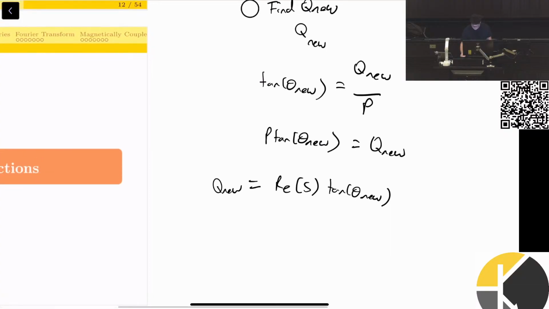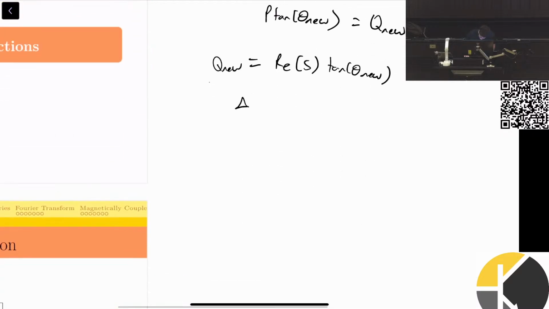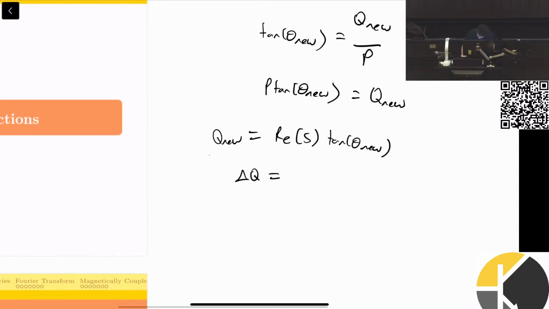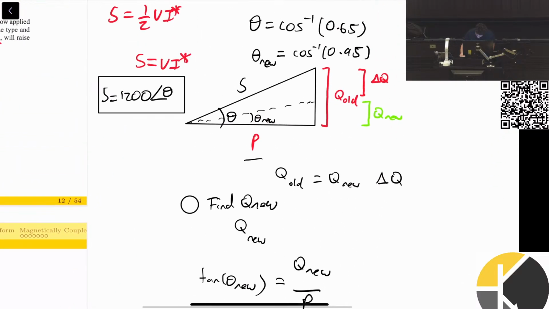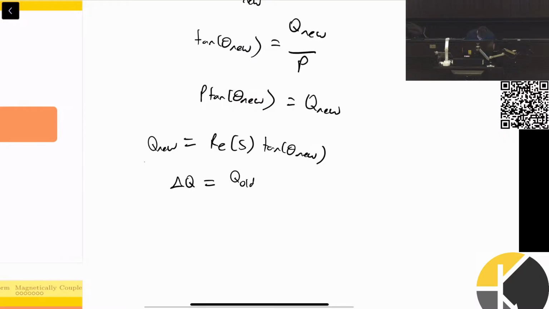Because we have Q nu and Q old, we can figure out what delta Q is. From the equation we have over here, delta Q is equal to Q old minus Q new.